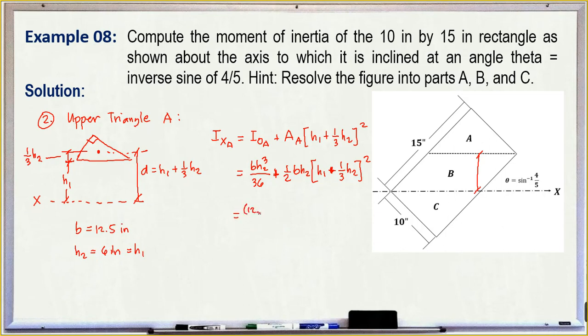So we have 12.5 times 6 cubed all over 36 plus 1/2 times the base 12.5 times height 2, 6, multiplied by (6 plus 1/3 of the height 2, 6) squared. If you solve this, the result is 2475 inch to the fourth.